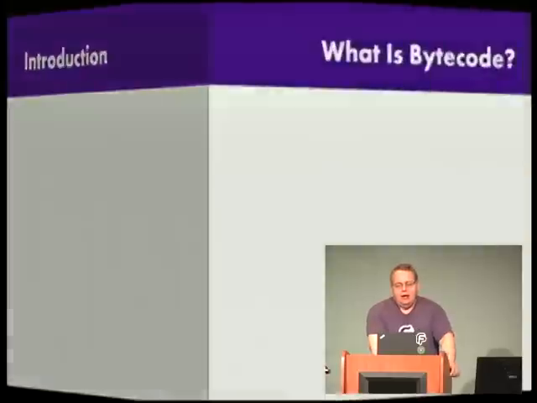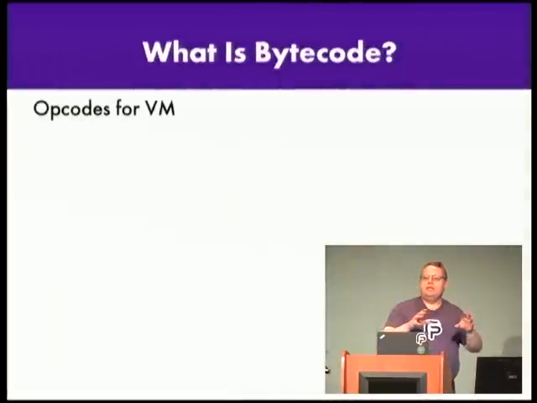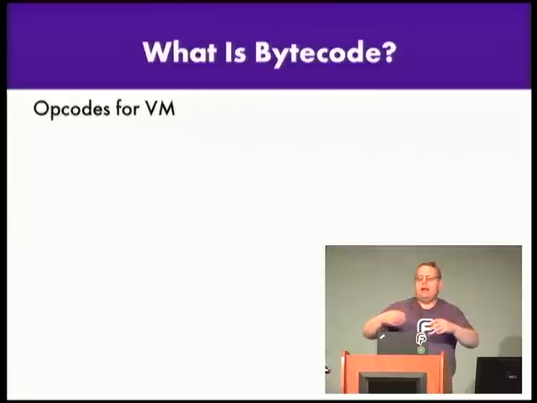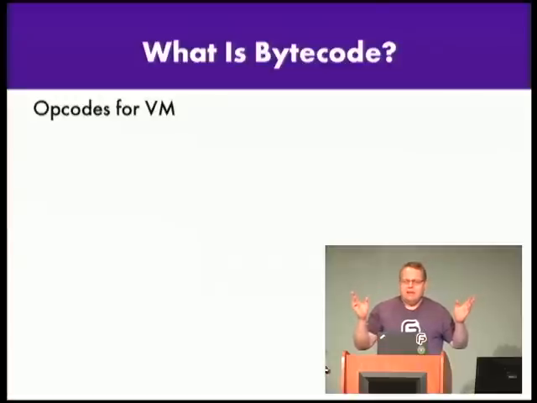Now, what is bytecode? The best way to describe this is that bytecode is a series of instructions for a virtual machine. The Intel x86 has its own assembly language. Bytecode is the assembly language of Python's virtual machine. And let me explain what a virtual machine is because we're going to spend a lot of time there. I wind up saying this in every talk I give.